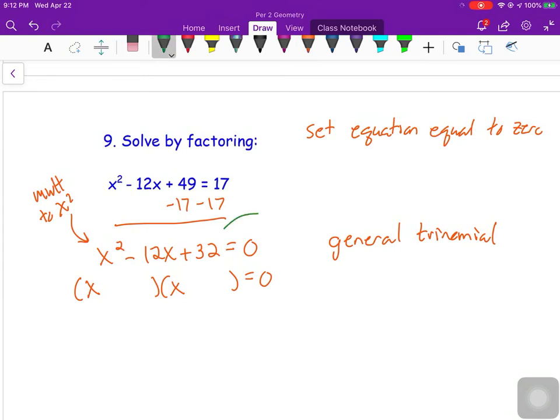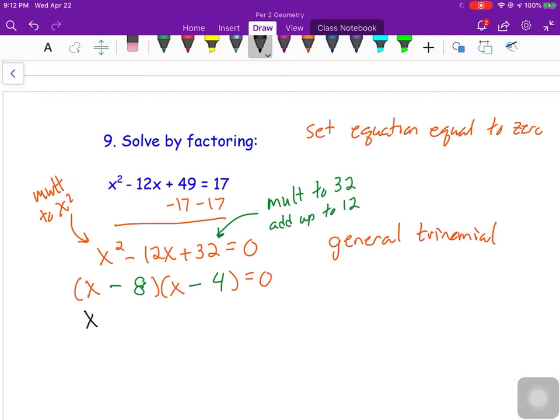The last 2 have to multiply to give us 32, and then they also have to add up to 12. So I think we're going to have to use 8 and 4. And to get a negative 12, we need both of them to be negative.